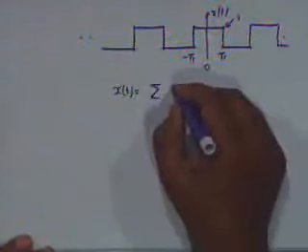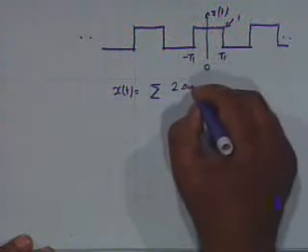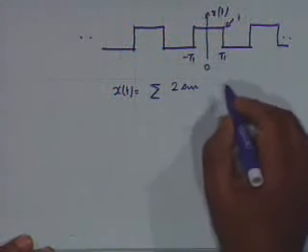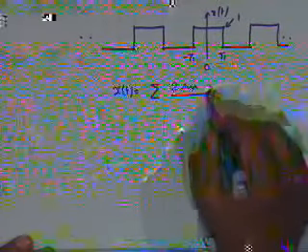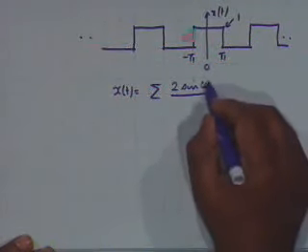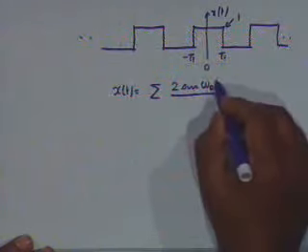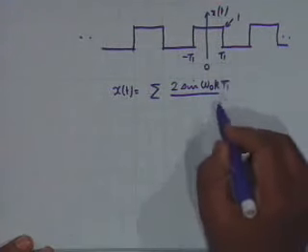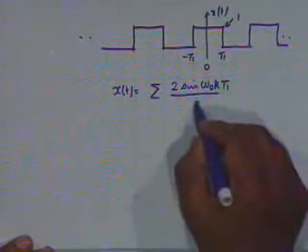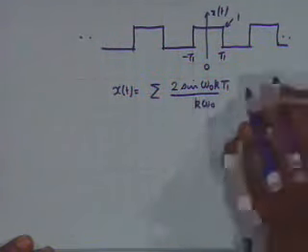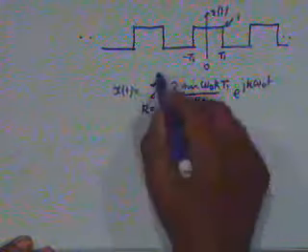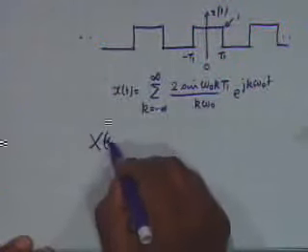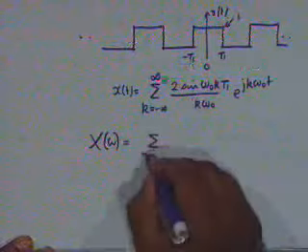Twice sine of k omega 0 T1 divided by k omega 0, times e to the j k omega 0 t. This is the Fourier series.